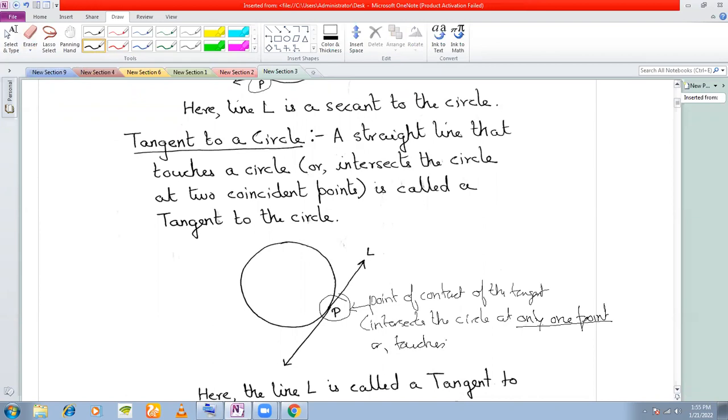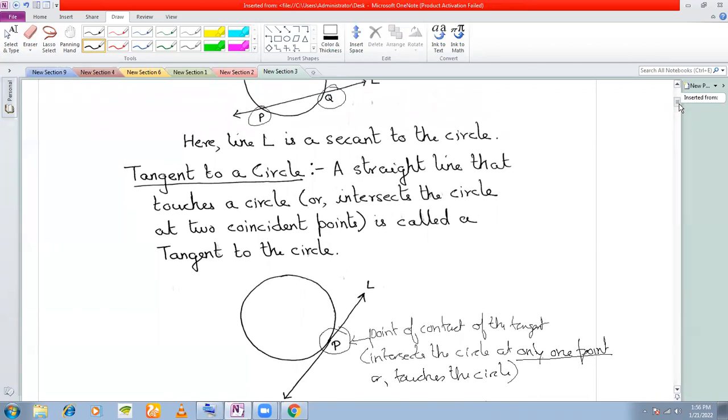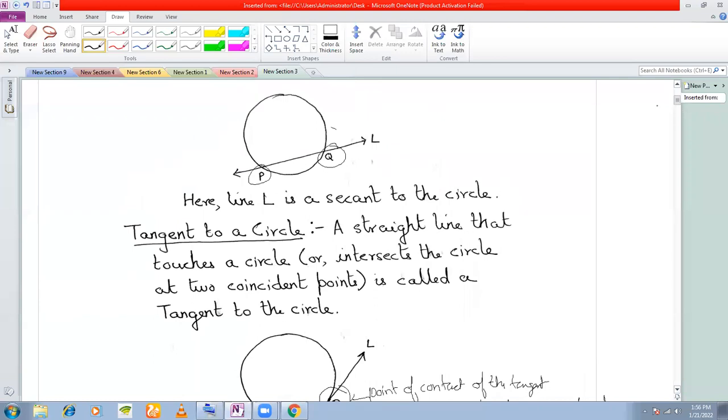When we say that a straight line touches the circle, it means it intersects the circle at only one point. Now, in certain textbooks, you will also find that they have defined the tangent in a little different way. Not different, actually the same.